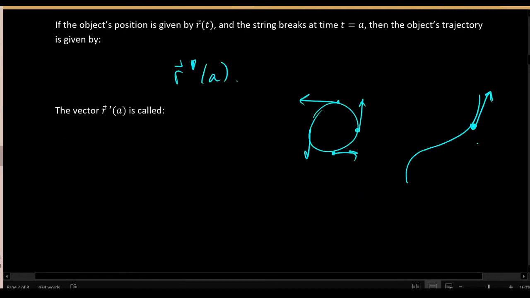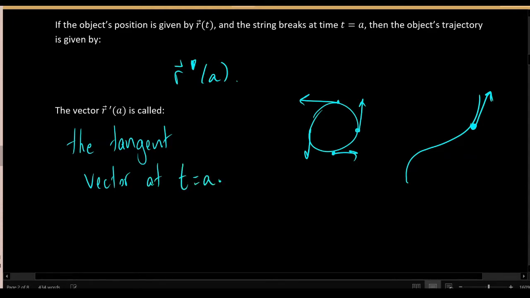And so this velocity vector at time t equals a is also sometimes referred to as the tangent vector, to honor and to capture this graphical fact that r prime, the velocity, is always tangent to the path of movement.